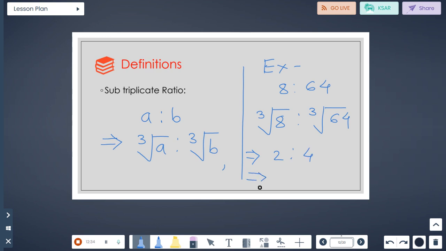So this becomes 2 is to 4, which is 1 is to 2. So 1 is to 2 is the subtriplicate ratio of 8 is to 64. When we have to find the subtriplicate ratio, we simply find the cube root of that ratio. Okay. Next definition.